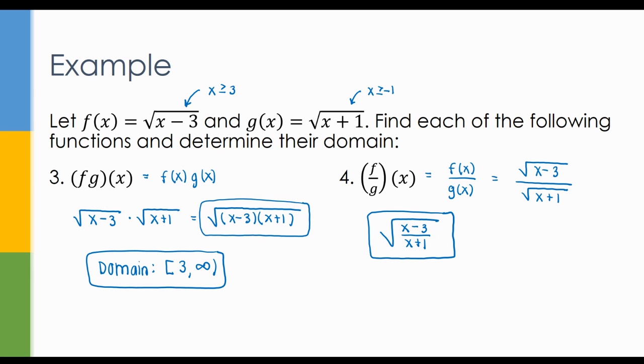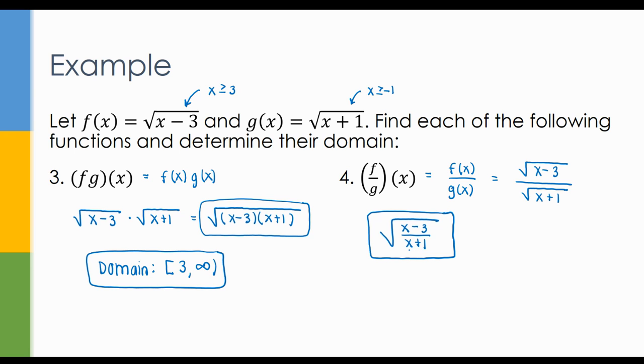Now let's talk about the domain. Notice we do have one big radical, so I can only have non-negative numbers underneath, and it has to fit the intersection of what my original ones are. So we have to have at least 3 as the starting point. That works out because if I look at the denominator, I can plug 3 in, and it's not going to turn that denominator to 0.